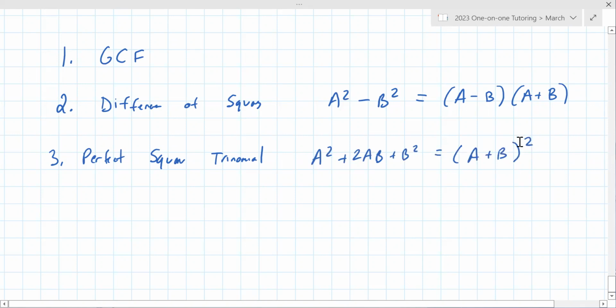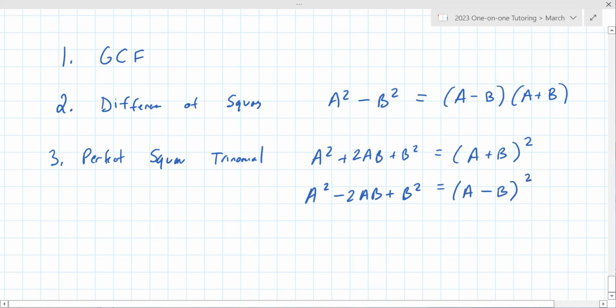So when you see them like this, you can tell that they're very different. Difference of squares has two terms. It becomes a minus and a plus. Perfect square trinomial has three terms, and it becomes just a plus b squared. It also has this other form here, where instead of a plus, it's a minus, and that changes what goes inside parentheses.